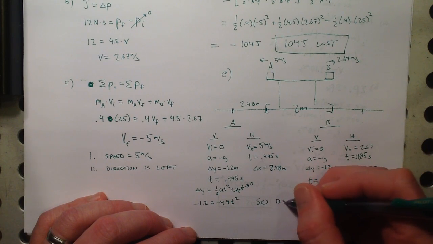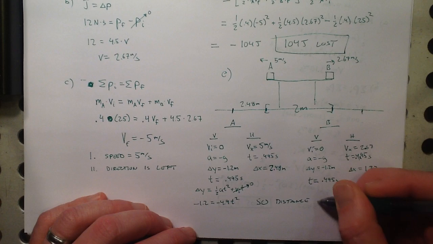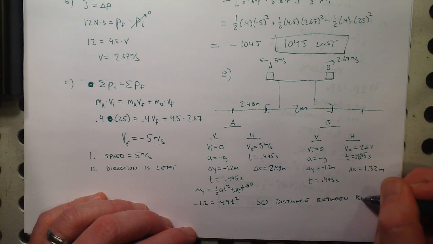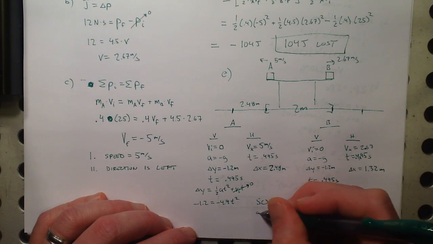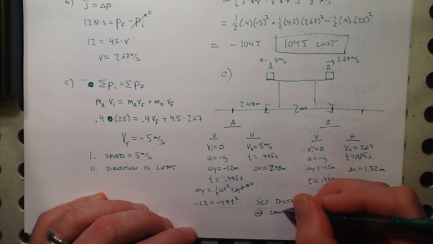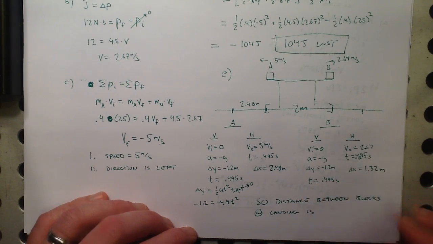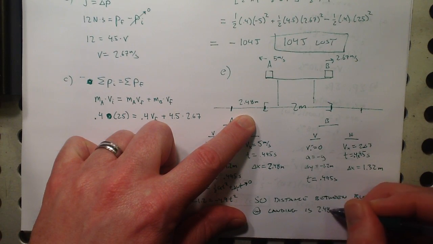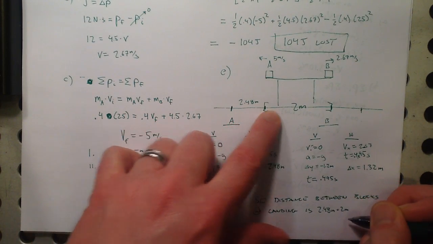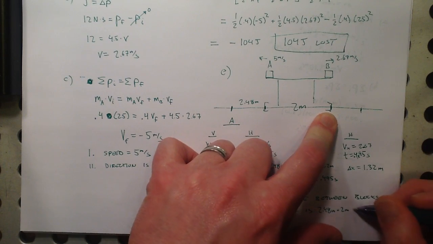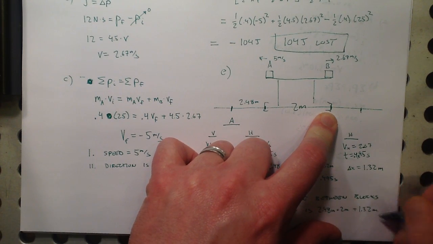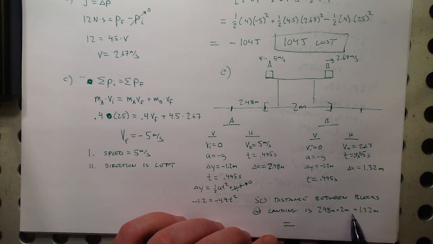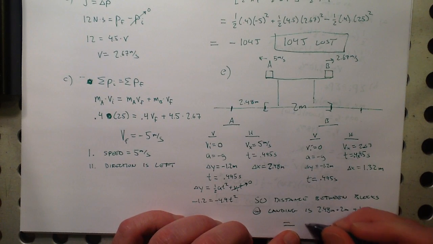So the distance between the blocks at their landing is 2.48 meters plus 2 meters, that's the length of the table, plus 1.32 meters, which is 5.80 meters.